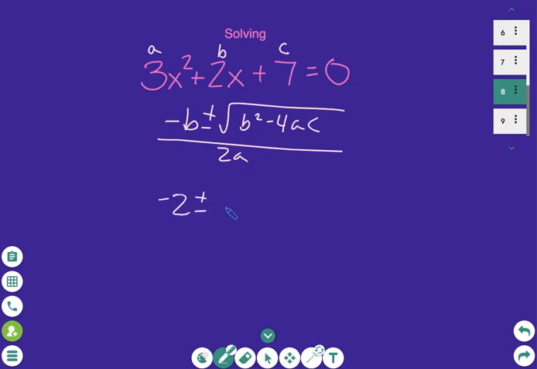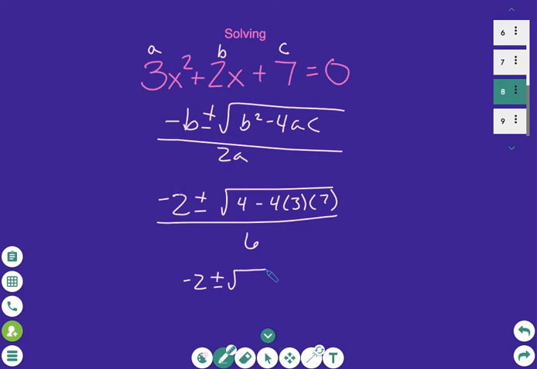Plugging everything in where it belongs, I end up with this as my expression. So if I actually go through and simplify that a little further, I get the square root of negative 80 here.